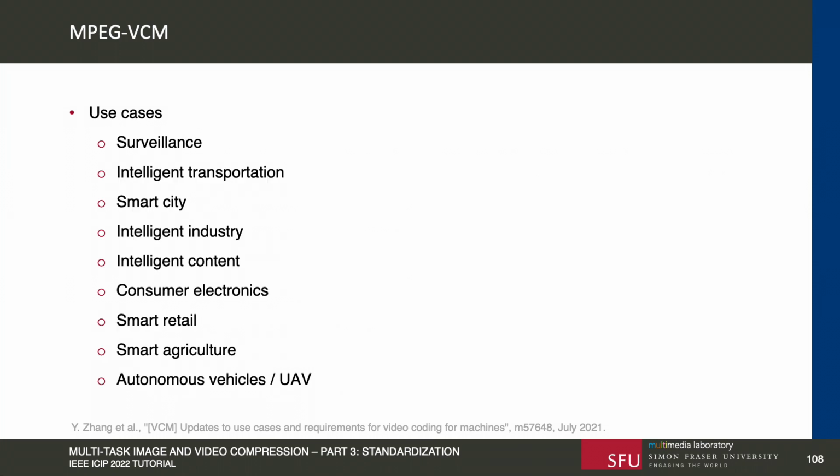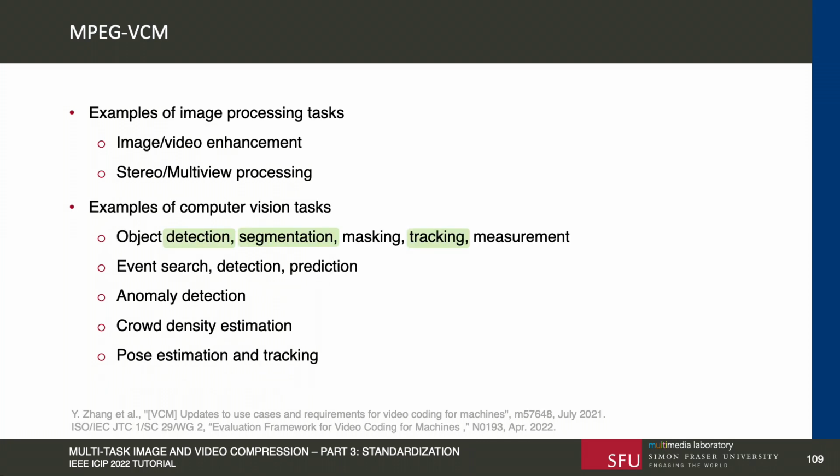The use cases for VCM are similar to the use cases for JPEG AI. They include surveillance, intelligent transportation, smart cities, many of the IoT type applications. Examples of the various tasks considered within MPEG VCM include both image processing tasks such as enhancement and multi-view processing, as well as computer vision tasks such as object detection, segmentation, tracking, anomaly detection, and so on.